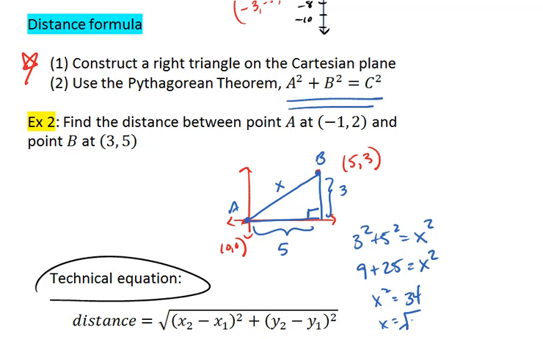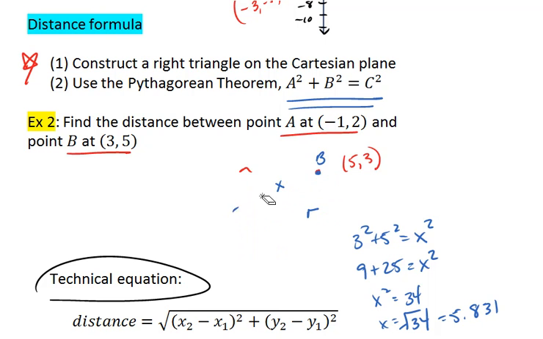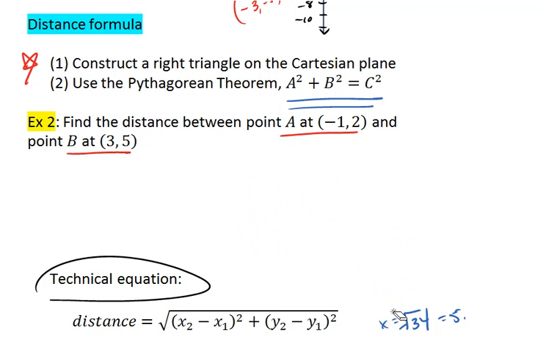X equals the square root of 34, which, if we plug into our calculators, we find to be 5.831. Go ahead, try the same process if point A was at -1, 2 and point B was at 3, 5. Resume the video when you're ready to check your solution.